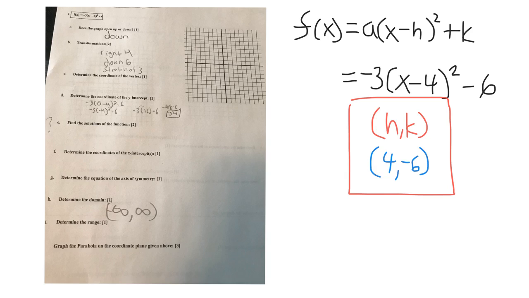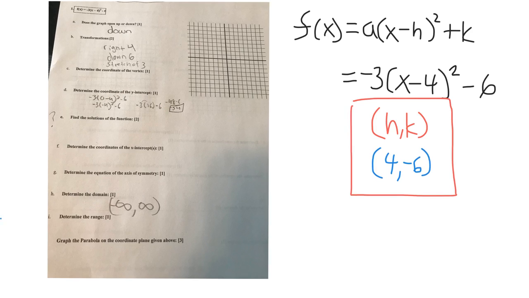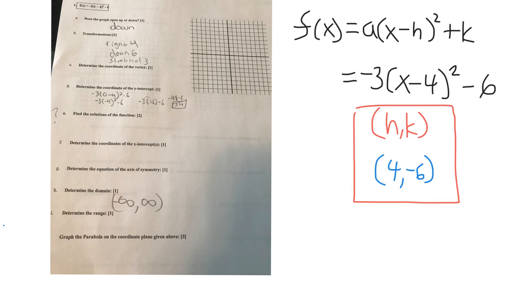Okay, so determine the coordinate of the vertex. We just did that. Determine the coordinates of the y-intercept. Well, I don't even have to do this because my student actually did this correctly in the image, which is great.